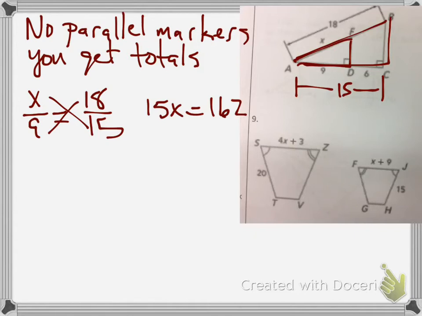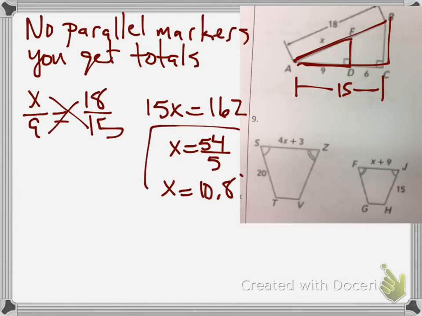And then when I divide 162 by 15, you get 54 over 5. If you decide to give me the decimal answer, that would be 10.8. So you can get that one to be 10.8. Again, be careful when you divide, because if you press Control Enter, it is possible that it might double divide. All right, anyway, so that's number 8. Either of those 2 answers would have been acceptable.